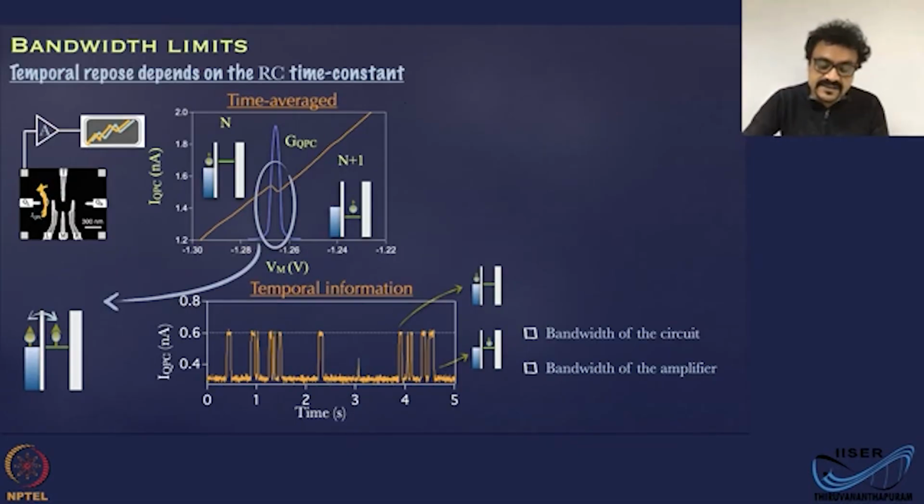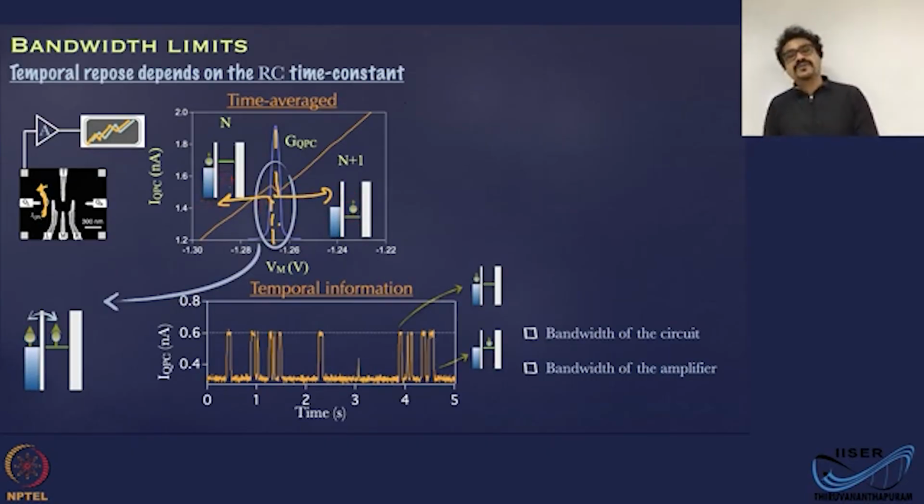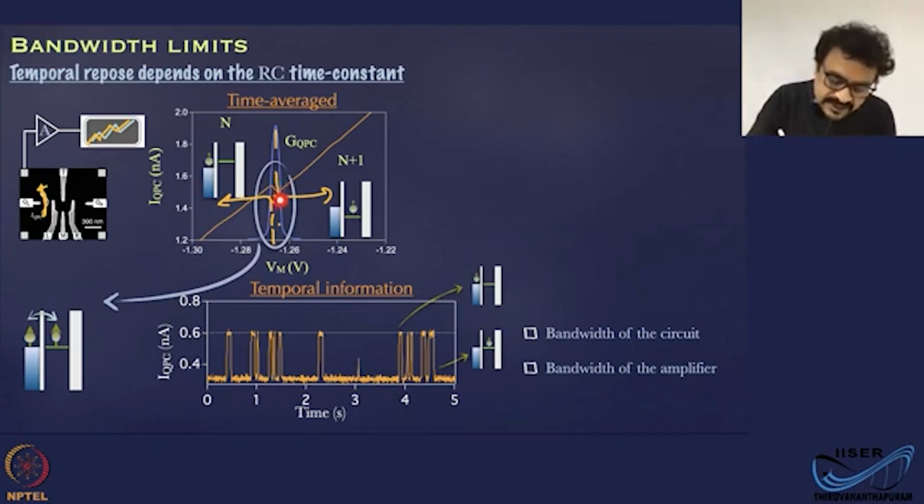For example, in this case, this is the conductance, and on this side of the gate voltage you can say the electron is inside, whereas on this side of the gate voltage, the electron is outside. So here the electron is inside, you have n plus 1 electrons. Here the electron is outside, you have n electrons. Okay, and at this gate voltage, what we are saying is these two states are degenerate, or the tunneling process happens.